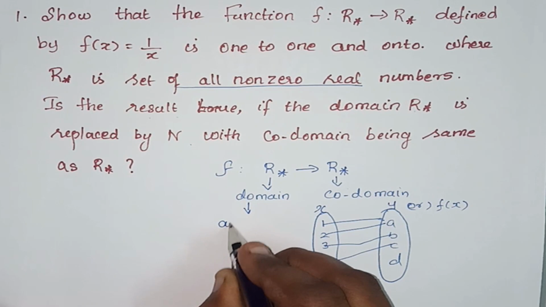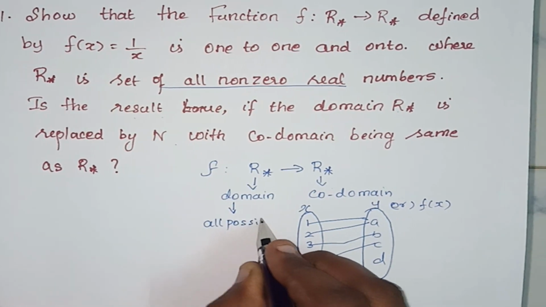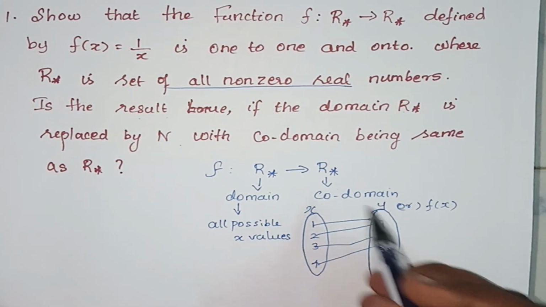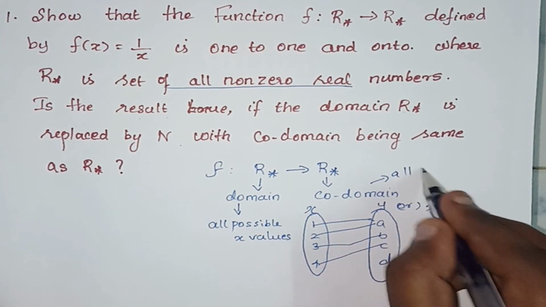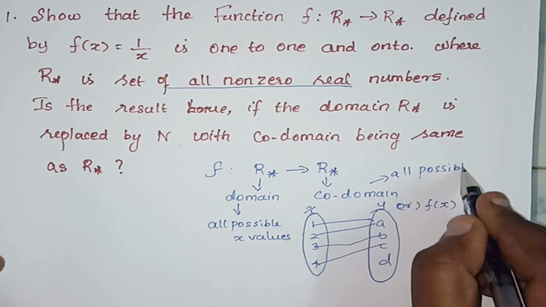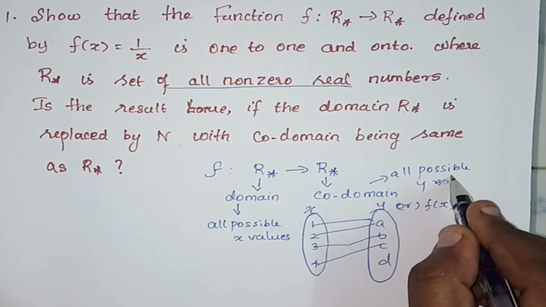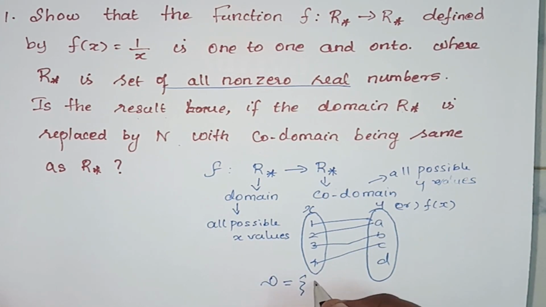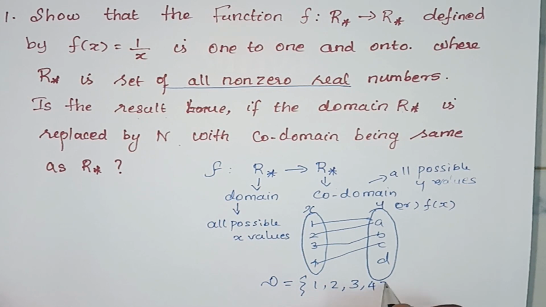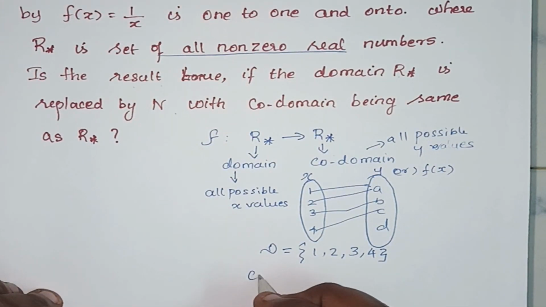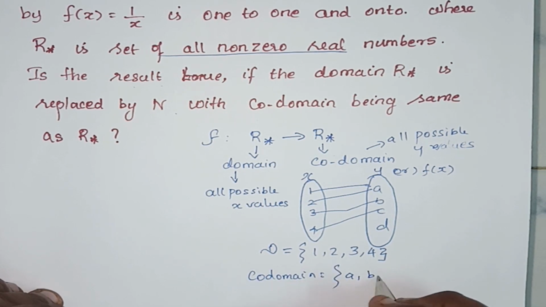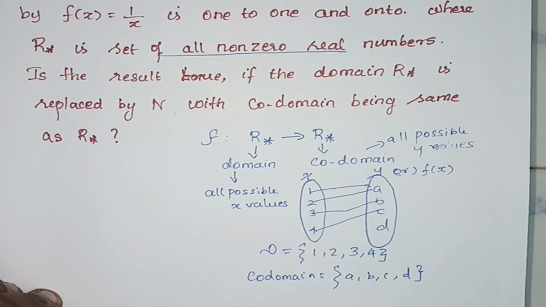Domain means all possible x values. Codomain means all possible y values. Here the domain is nothing but 1, 2, 3 and 4, right? Codomain is nothing but A, B, C and D.